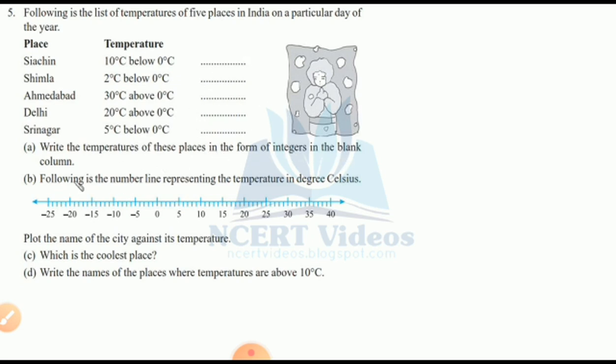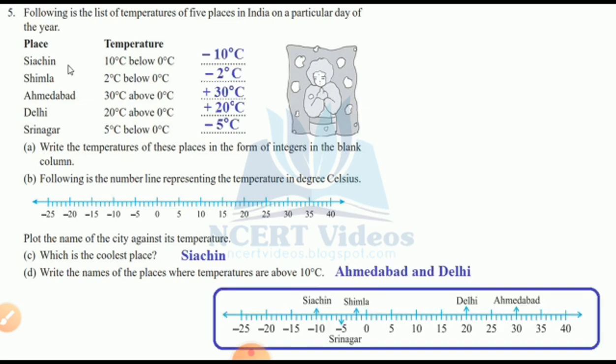Shimla 2 degree centigrade below 0 degree centigrade. Ahmedabad 30 degree centigrade above 0 degree centigrade. Centigrade is the unit of temperature measuring. Like that, we should also give the answers for A, B, C, D. Yes, very good questions are there.